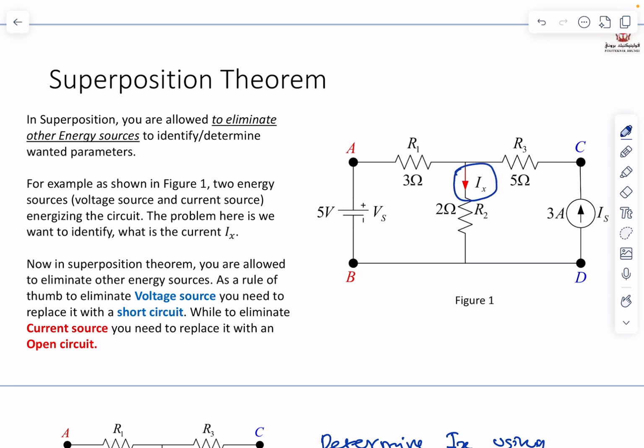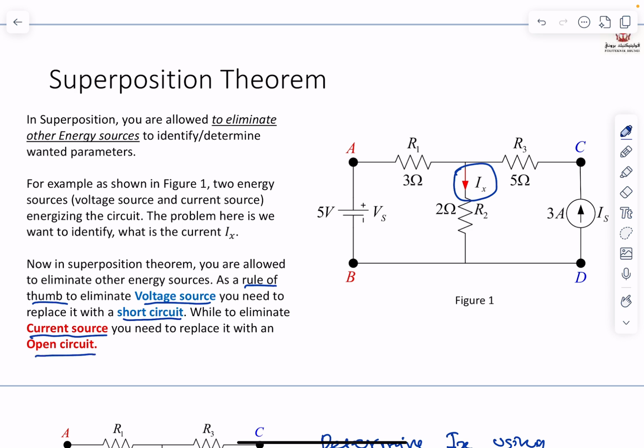Now, in the superposition theorem, you are allowed to eliminate other energy sources. As a rule of thumb, to eliminate a voltage source, you need to replace it with a short circuit, while to eliminate a current source, you need to replace it with an open circuit.